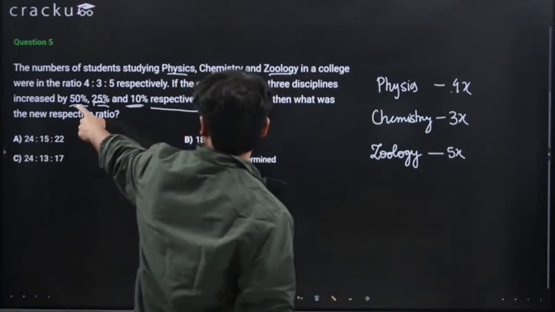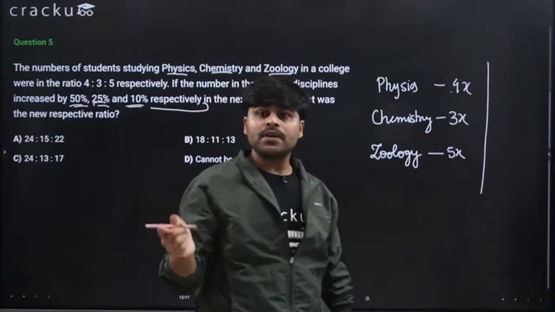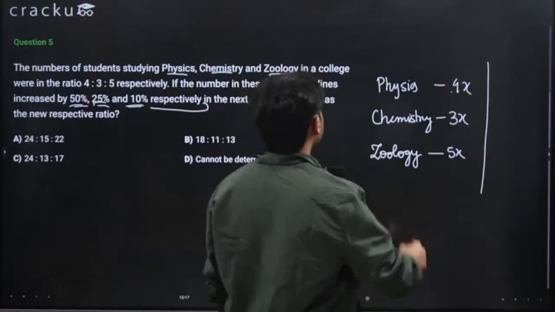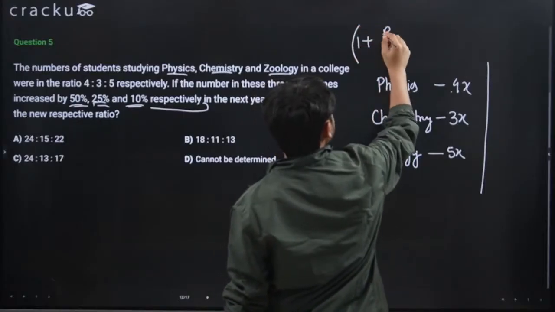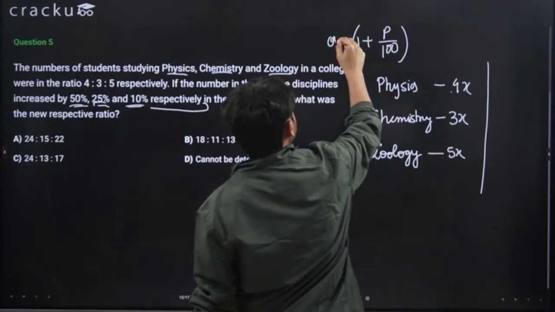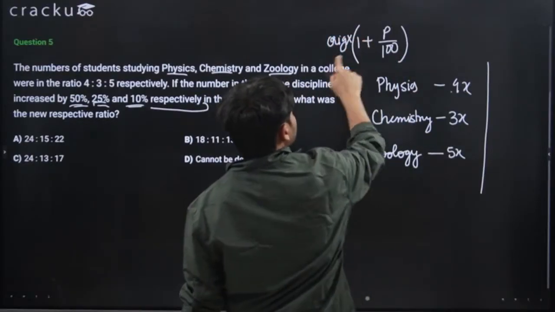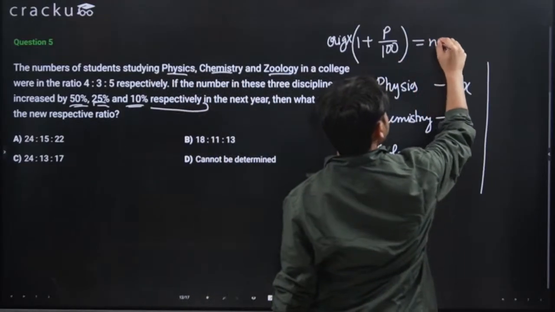If physics people increase by 50%, we know the formula for increase, right? The formula is 1 plus P over 100, where P is the percent. So this is the original quantity multiplied by 1 plus P over 100. This will give us the new quantity.